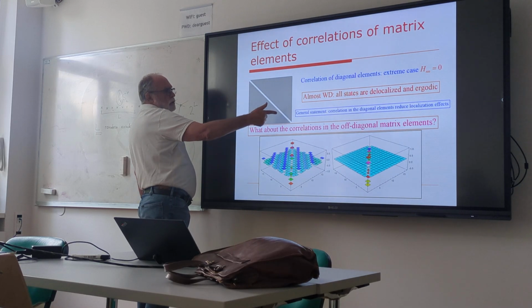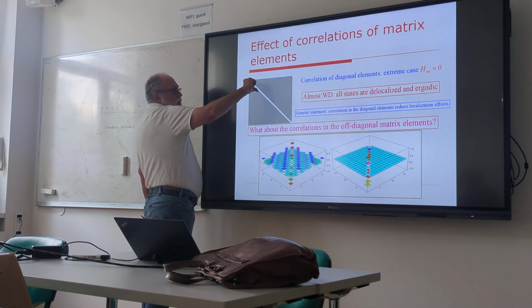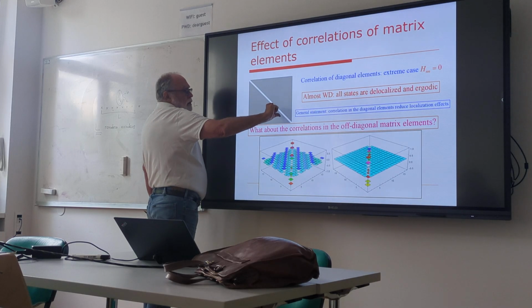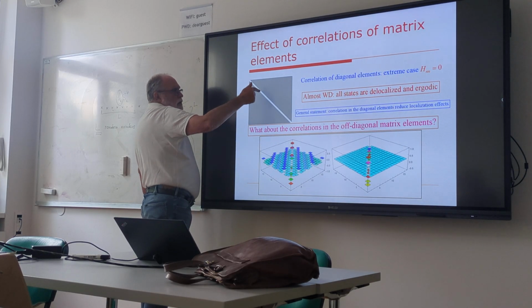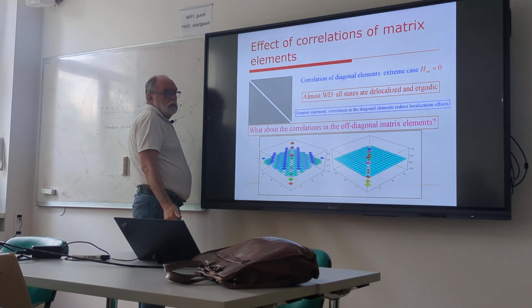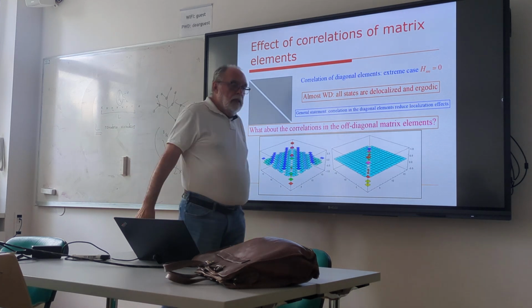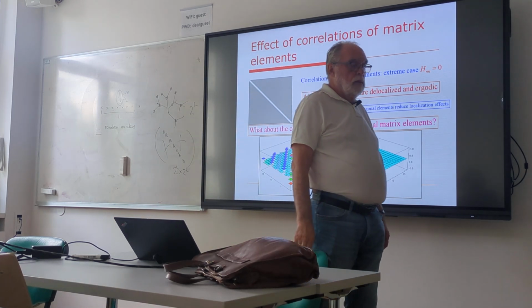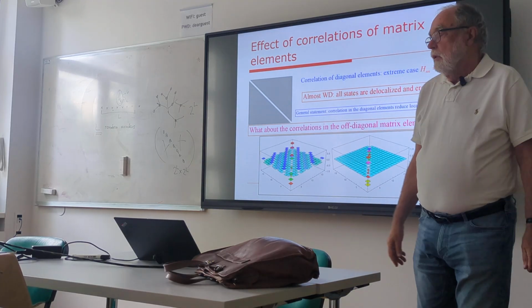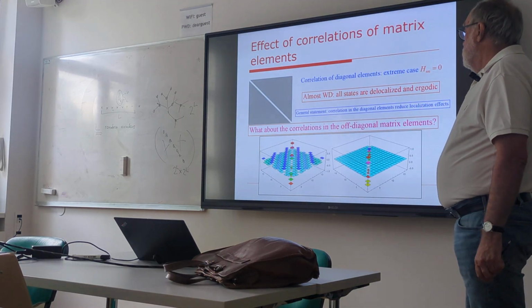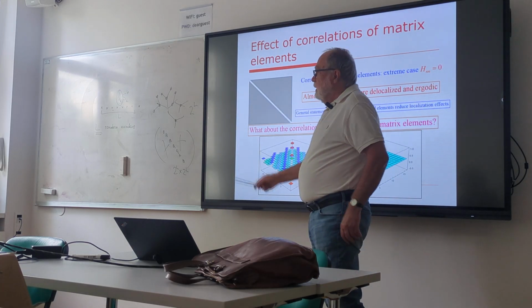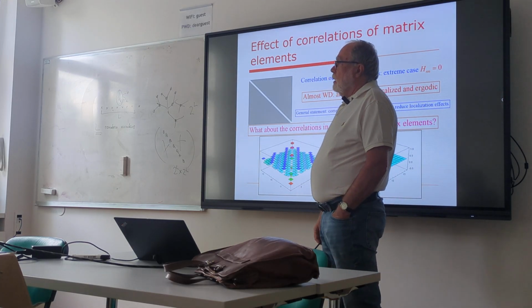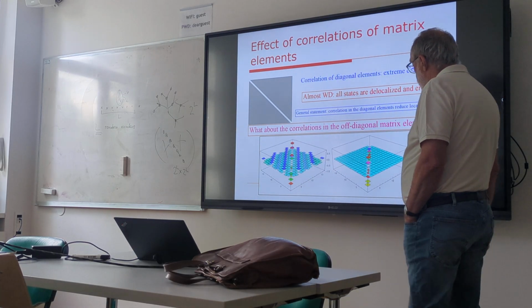Here the correlation radius is infinite, but you may consider pieces which are uncorrelated, but inside the piece they are correlated. This also will make your system less localized. So the correlation in the diagonal matrix elements, they favor delocalization.